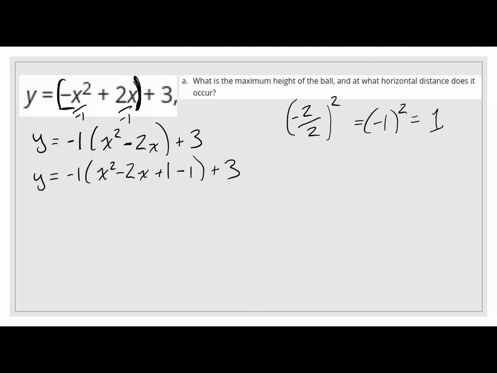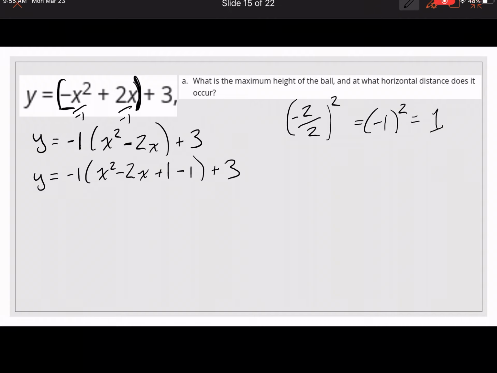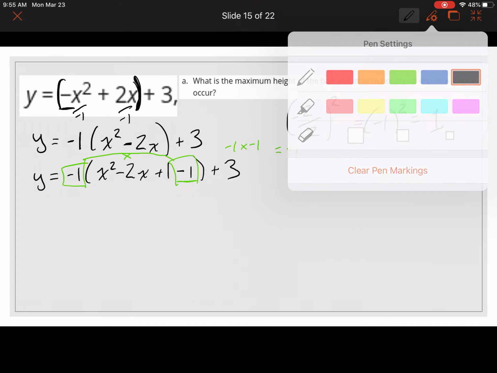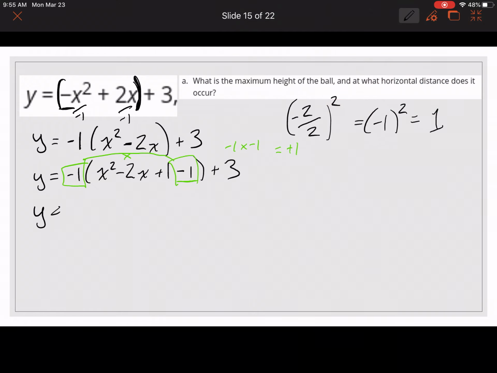To even that out. Now we're going to bring this negative 1 outside the brackets, but remembering that we need to multiply it by our a term. So negative 1 times negative 1 equals positive 1. So we're changing the sign when we pull that outside of the bracket.